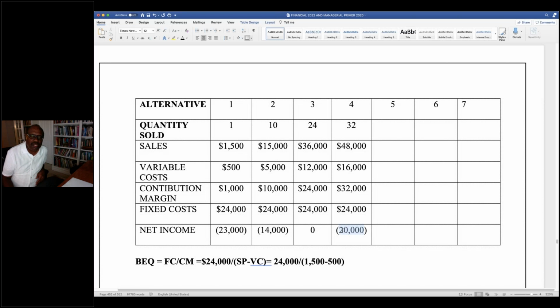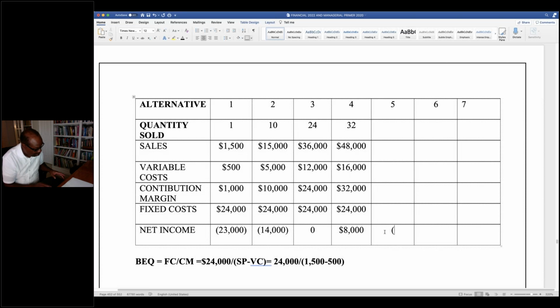So what then do you glean from that? What does that tell you about what the quantity needs to be? If break even is 24, the quantity might need to be more than 24, less than 24. To lose, we said we wanted to lose how much? I thought you said you wanted to lose 20,000.